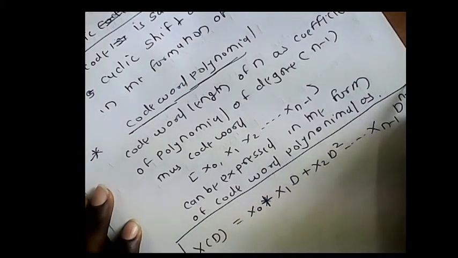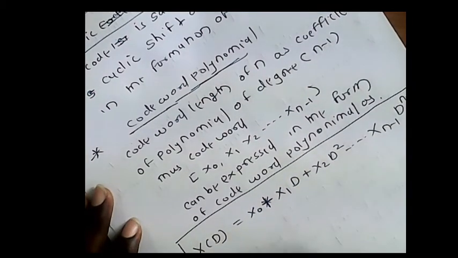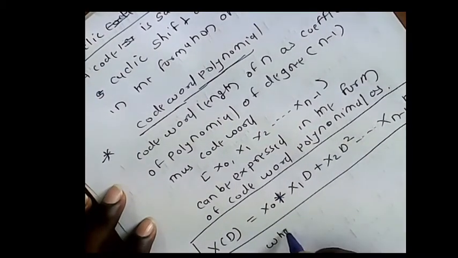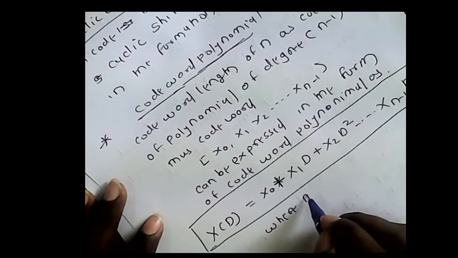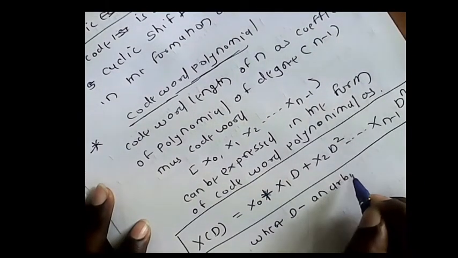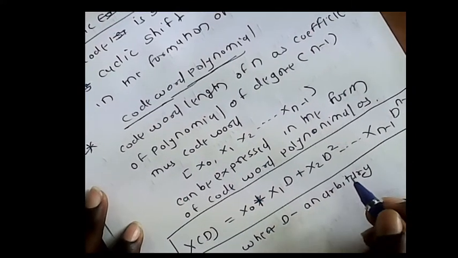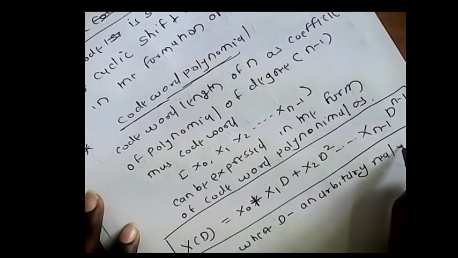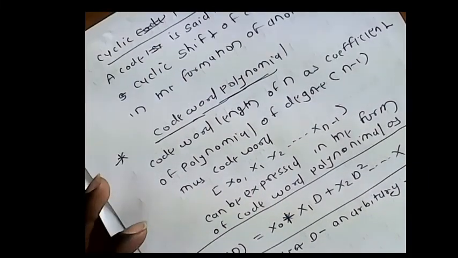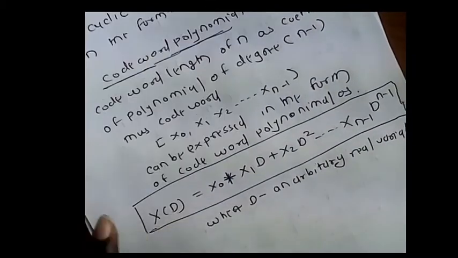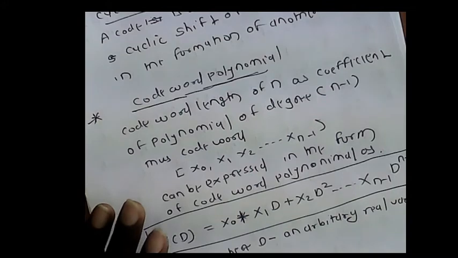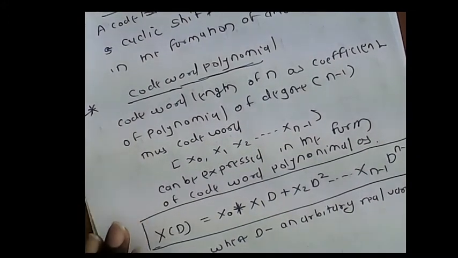So this is the code word polynomial, where d is an arbitrary real variable. So we can write down the given coefficients in terms of a polynomial of degree n minus 1.